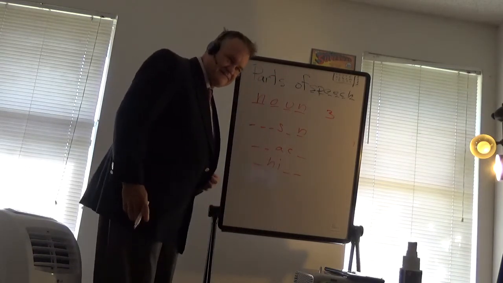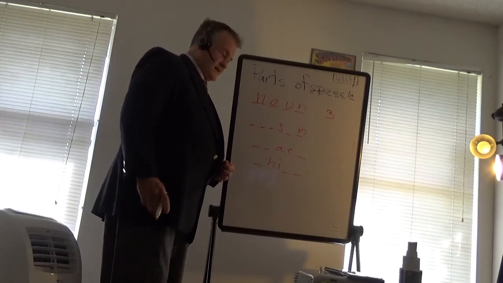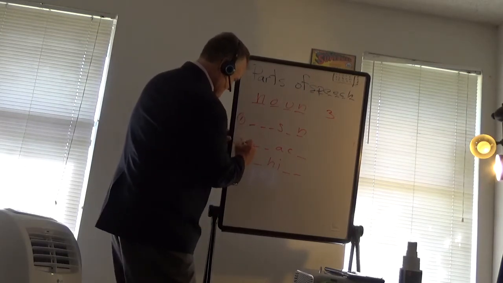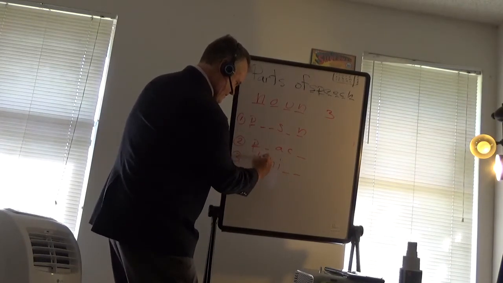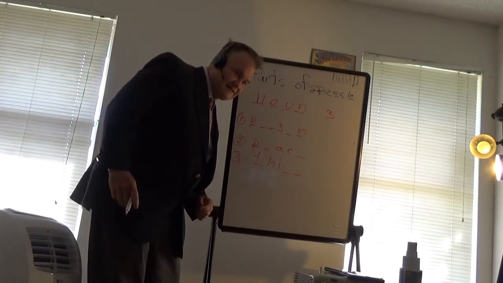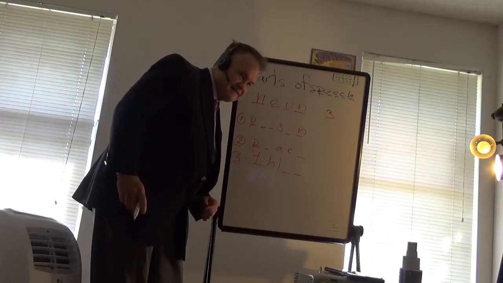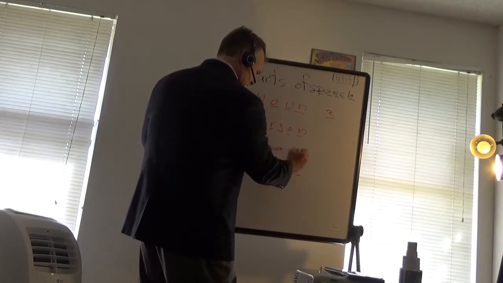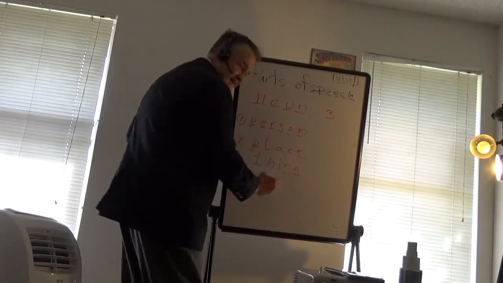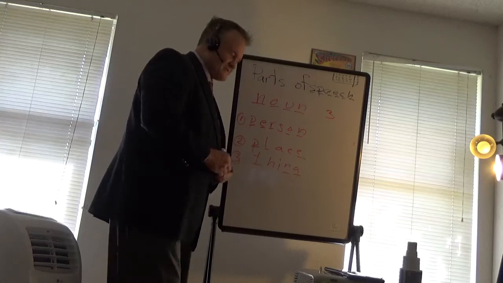Any guesses? A noun is a person, a place, or a thing. It's one of those three: person, place, or thing.